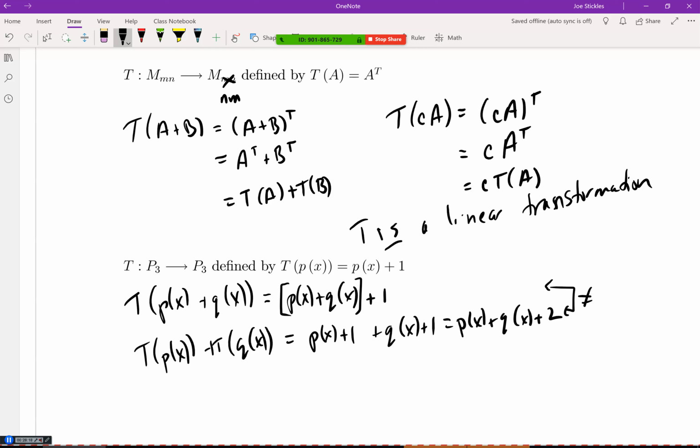So you have to be a little bit careful. A lot of times when you think of linear functions meaning straight lines when you graph them, you allow that plus b on the end, because you think of the slope-intercept form y equals mx plus b. That's a linear function. But for a linear transformation, that shifting part, that plus b part, is not allowed, because it doesn't give you that structure-preserving property of having the addition first or second.